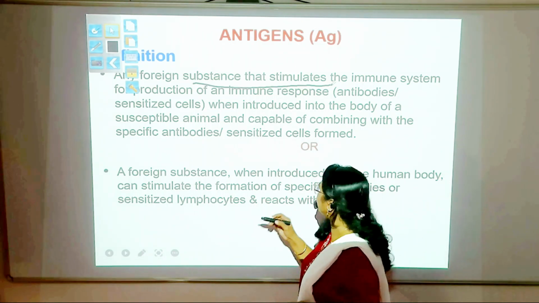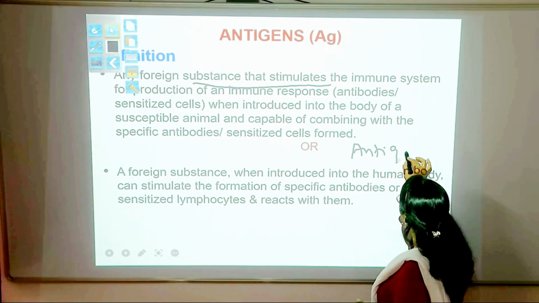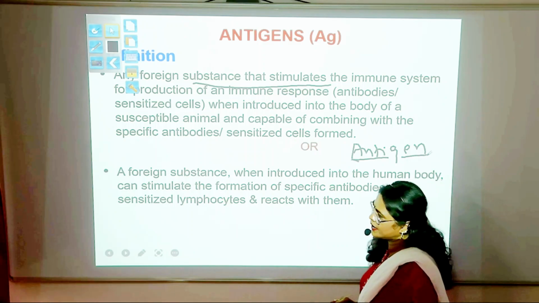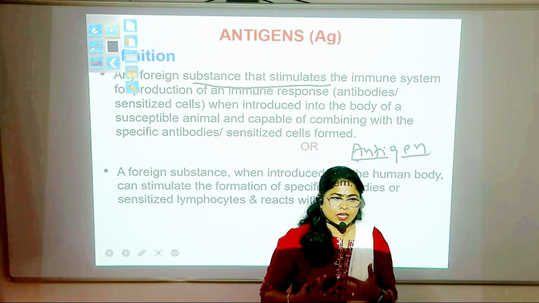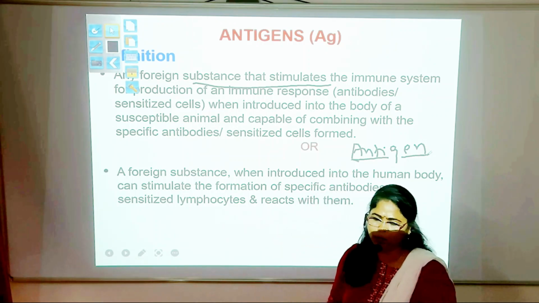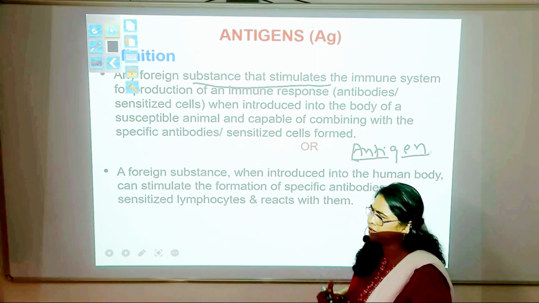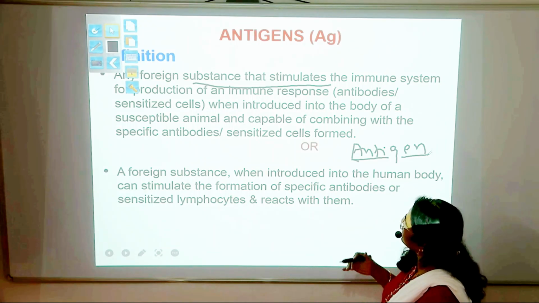So when we say antigen, from the name itself we know, it is antibody generator. That is any foreign thing which is not our self, which is not our body's molecule, it is something from outside. When it enters, when it is a non-self, then it is called as an antigen.